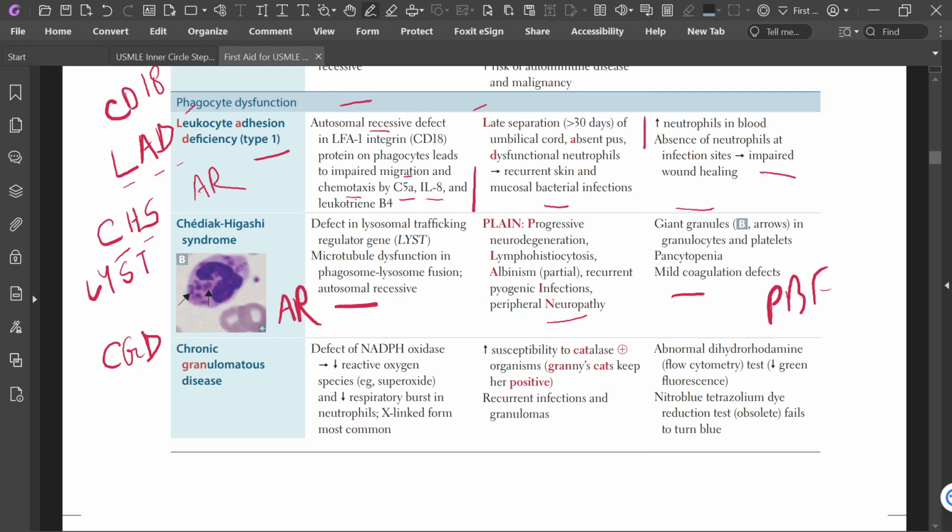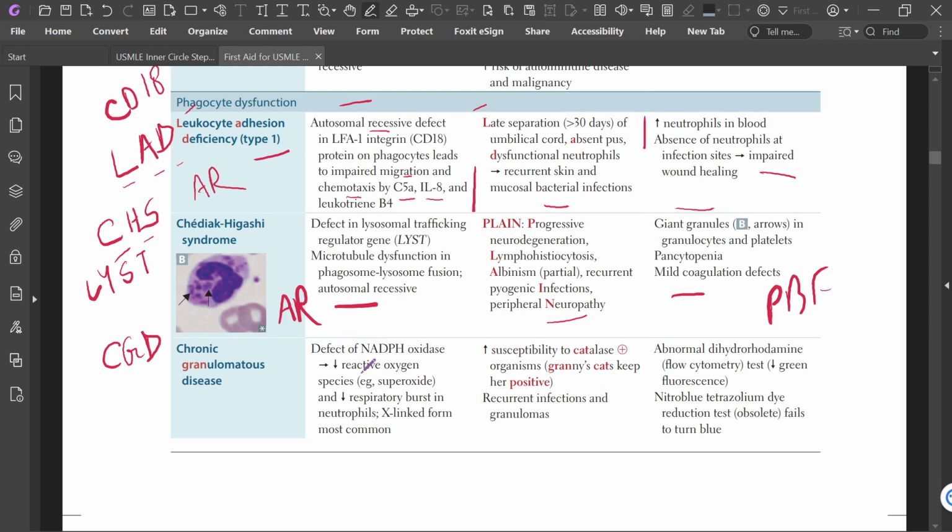Okay, now I would like to discuss chronic granulomatous disease. Chronic granulomatous disease is a defect in NADPH oxidase. It's a rare primary immunodeficiency, a disorder of phagocyte metabolism characterized by phagocytes with impaired NADPH oxidase.